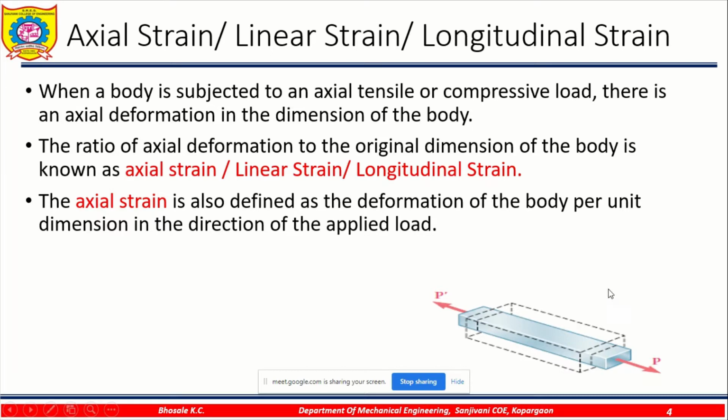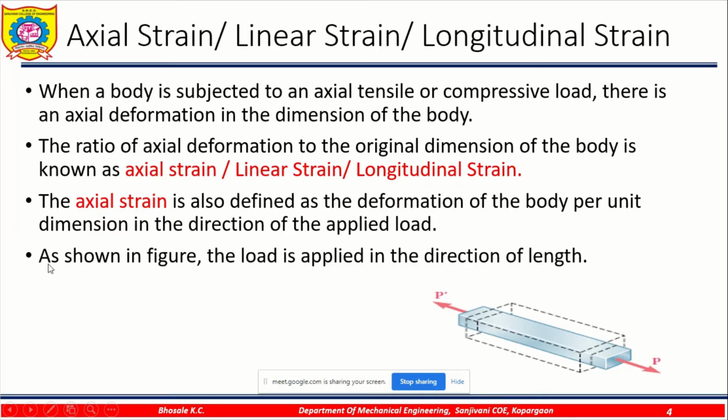So suppose that we can change the direction. In that direction, whatever the change in dimension upon the original dimension will be called the axial strain. So we can apply the load in the x direction, y direction, z direction also. According to the direction of the applied load, the value of the axial strain will be different.